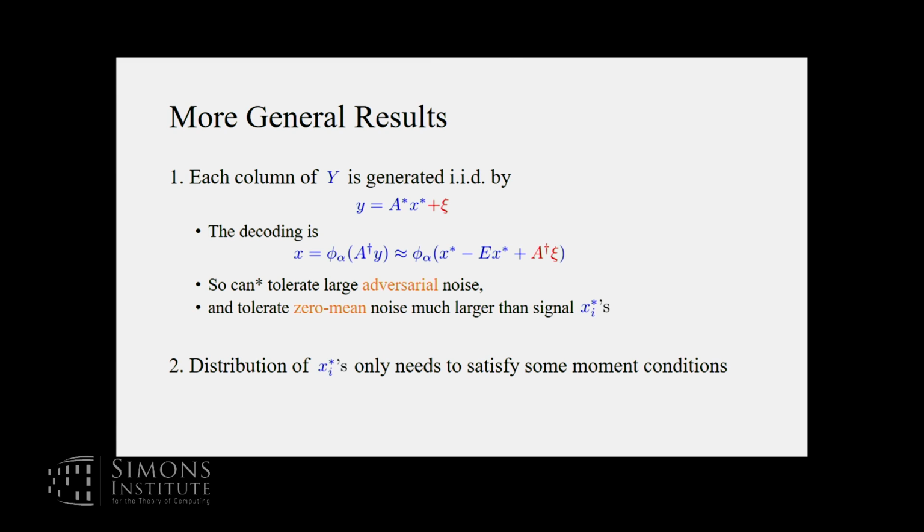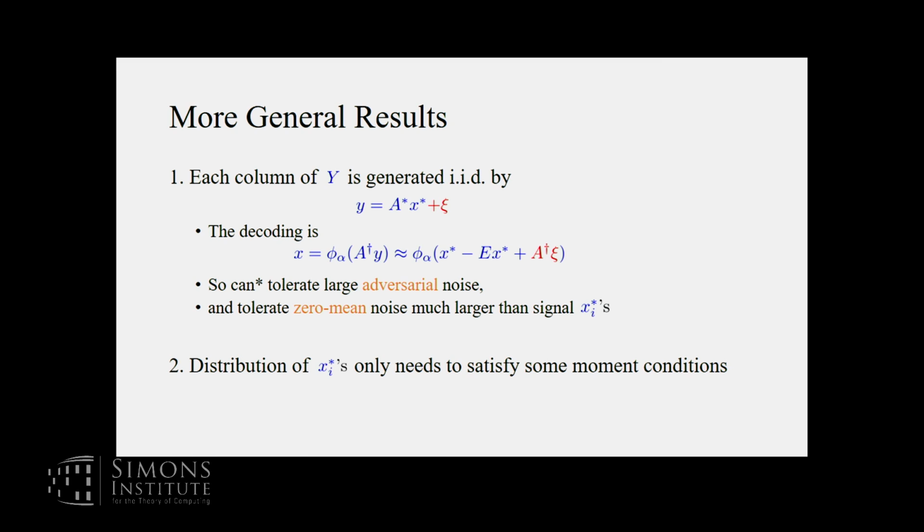So it turns out that you can tolerate large adversarial noise, and if the noise is zero mean, the noise can be a square root k larger than the L1 norm of the signal. This is a very strong denoising effect by the ReLU.